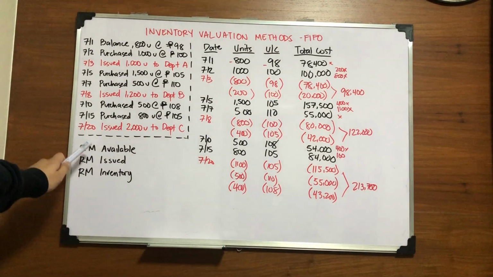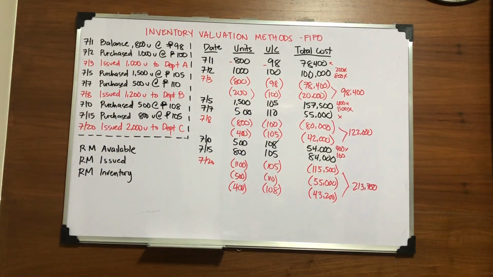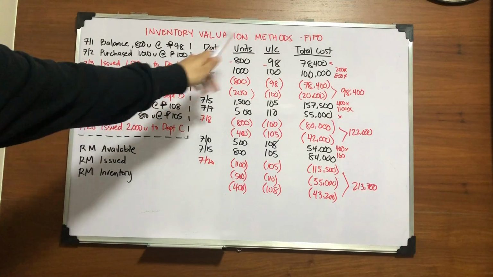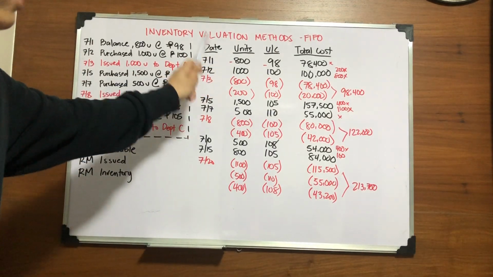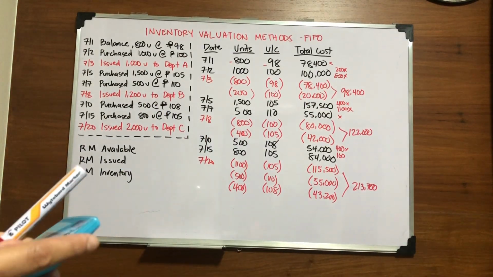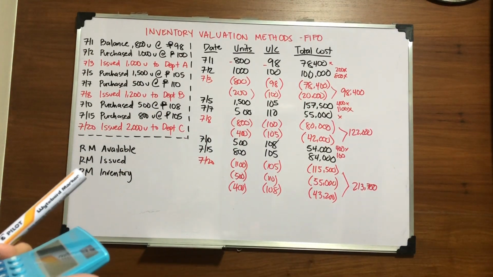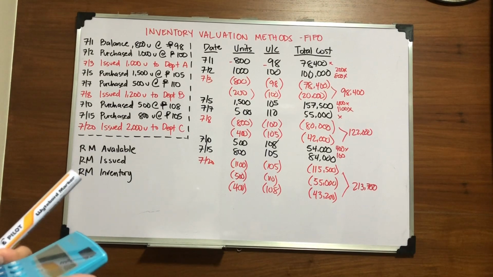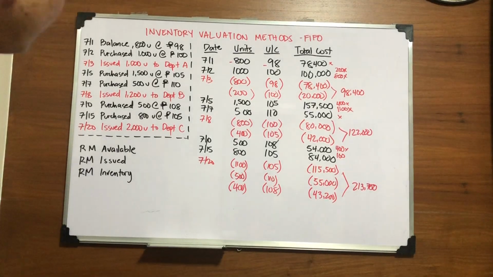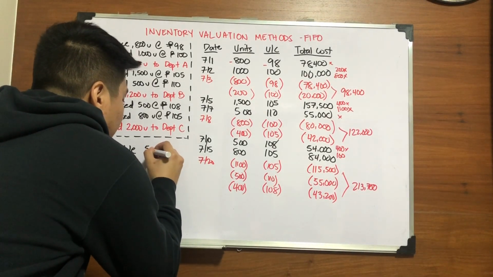Your raw materials available for use is the sum of your purchases as well as your beginning balance. So let's refer to the black pens. We add 800 plus 1,000 plus 1,500 plus 500 plus 1,300. That would give us 5,100 units.